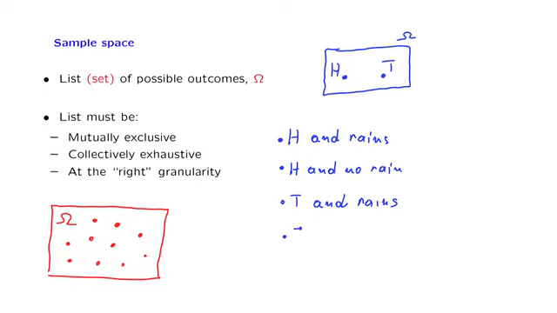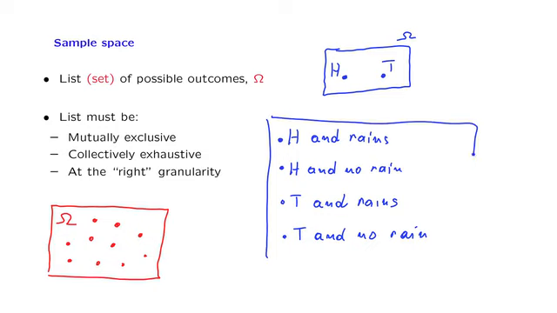And finally, another possible outcome is tails and no rain. This set, consisting of 4 elements, is also a perfectly legitimate sample space for the experiment of flipping a coin. The elements of this sample space are mutually exclusive and collectively exhaustive. Exactly one of these outcomes is going to be true or will have materialized at the end of the experiment.